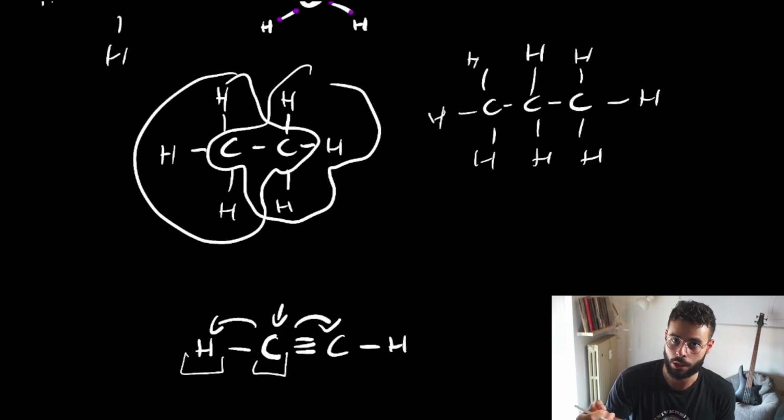Therefore, each carbon atom is connected to 4 other atoms. On the other hand, unsaturated hydrocarbons are carbon chains that contain 1 or more triple or double bonds between the different carbon atoms. Therefore, not all of the carbon atoms are being surrounded by 4 other atoms.